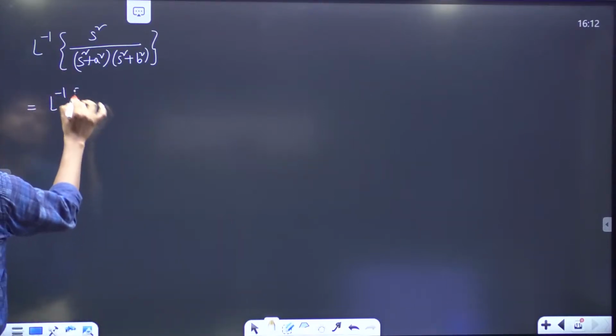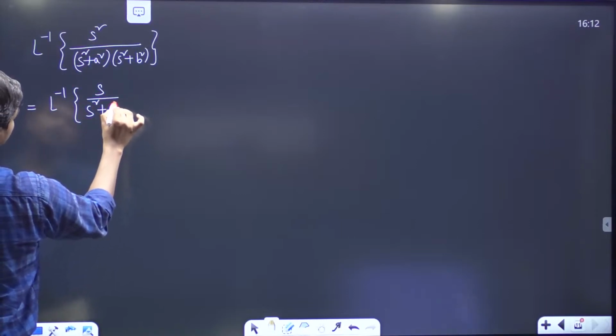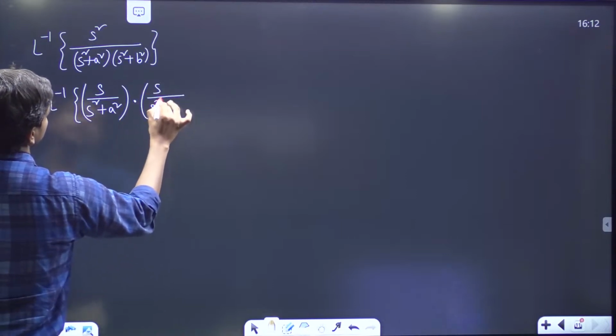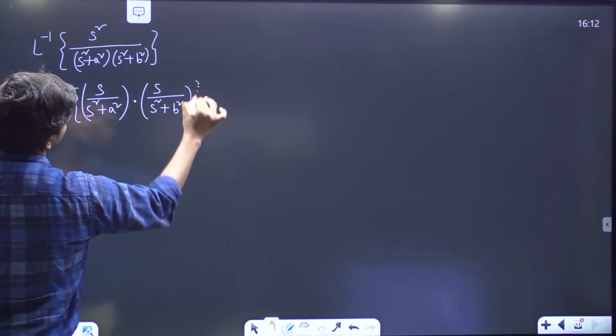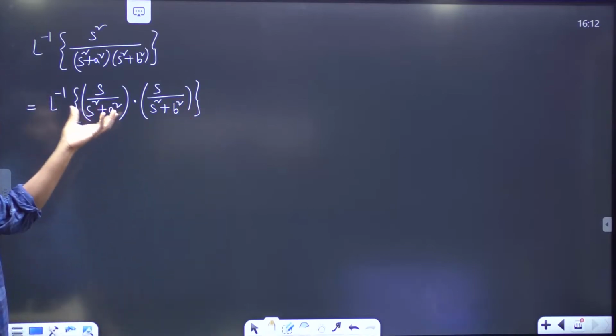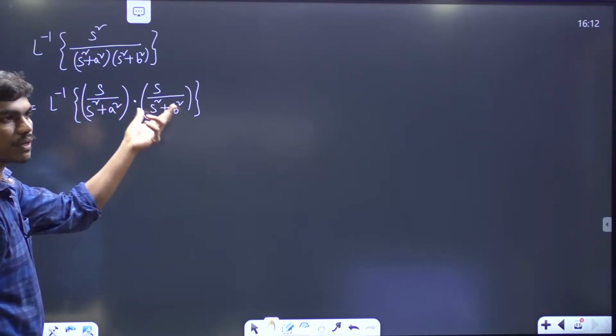So L inverse of this can be written as s by s square plus a square into s by s square plus b square. So basically, the Laplace inverse of this term will be cos at, and the Laplace inverse of this term will be cos bt.